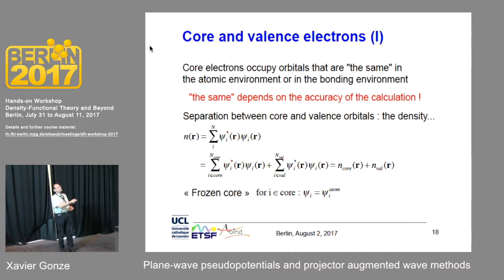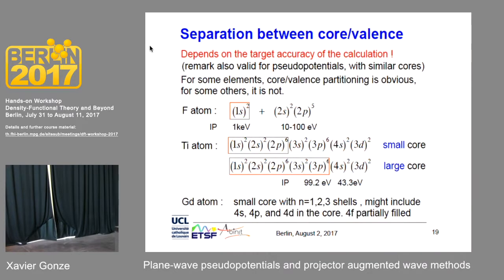So it's the density of the core orbitals plus the density of the valence orbitals, and we can make the frozen core approximation and suppose that the 1s, 2s and 2p orbitals are actually frozen and do not change going from the atom to the solid environment. This is easy. I mentioned that this separation is not easily defined.